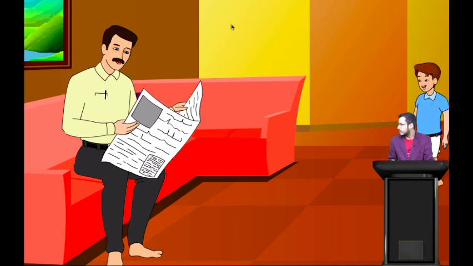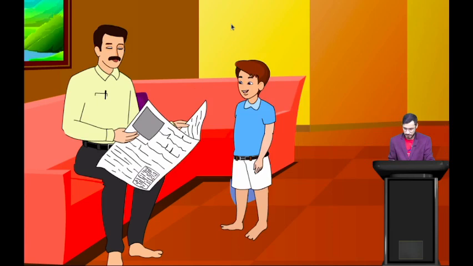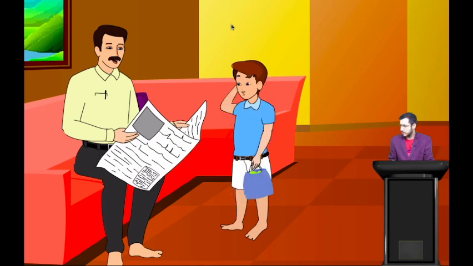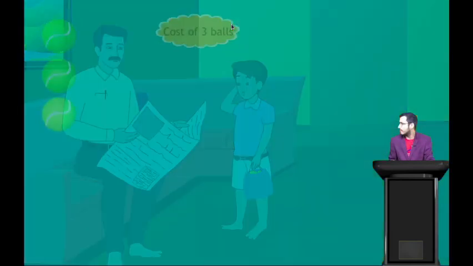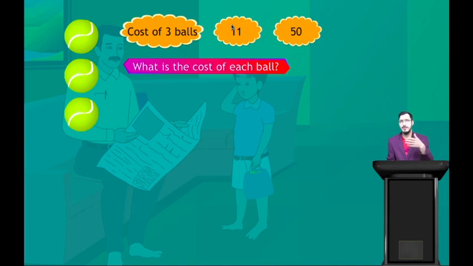So when he came home, the cost of 3 balls and 11 rupees left. Total money is 50 here. So what is the cost of each ball? Can you find it out?